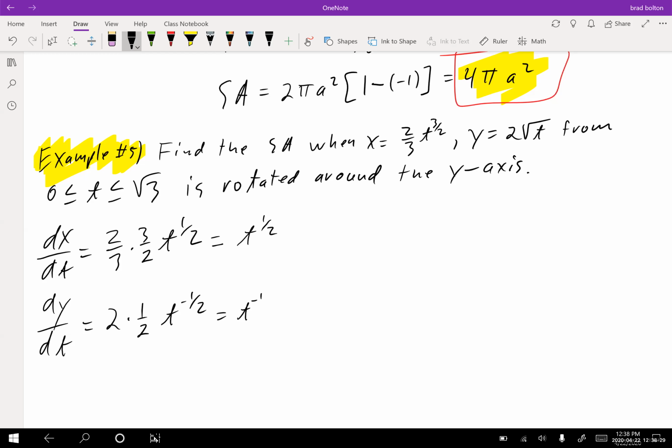We'll leave it as that. Now we're going to use our surface area formula, which is 2 pi times the integral from 0 to square root of 3.